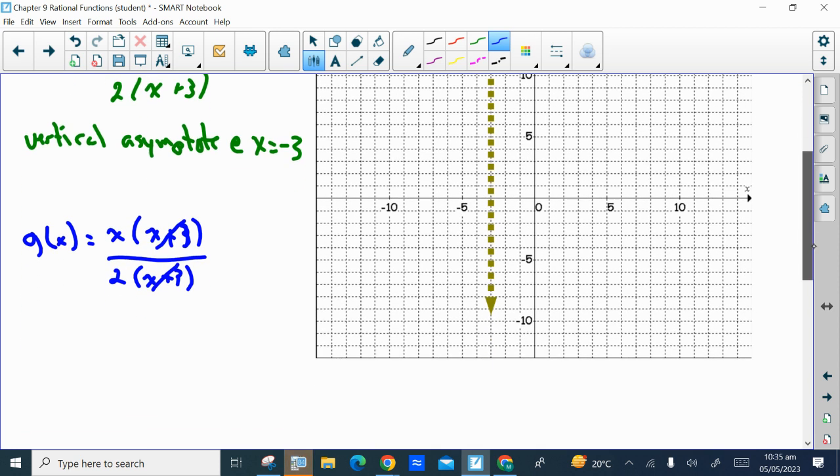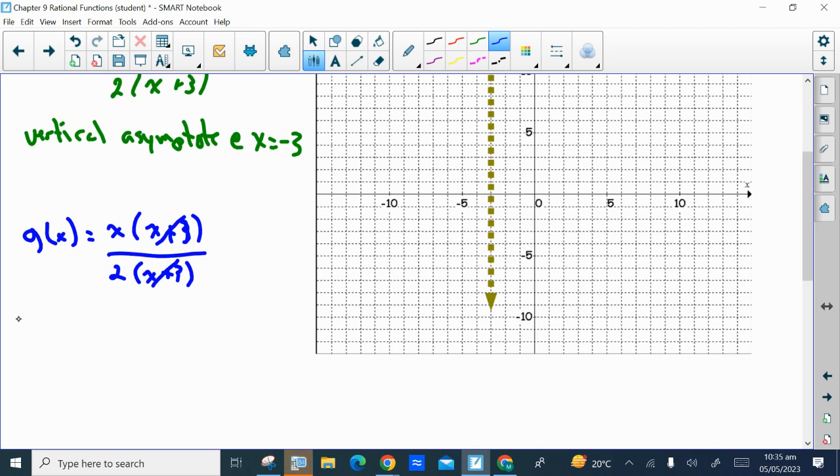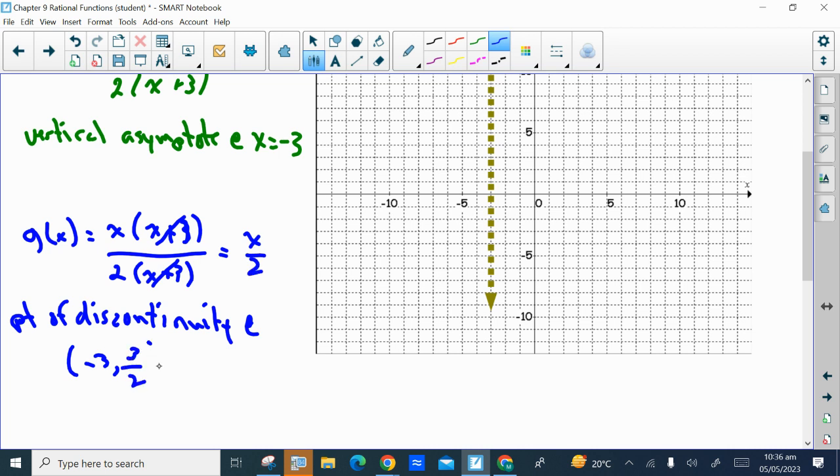And so now we're going to have a point of discontinuity at x equals -3. And our y value will be found by letting x equal -3 in the simplified expression, which is x over 2 or 1/2 x. That'll be -3/2.